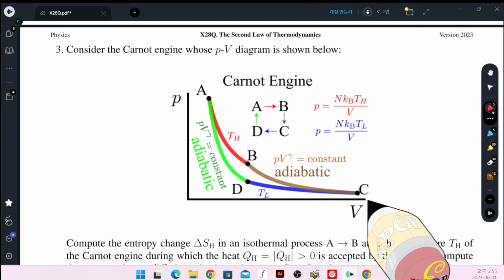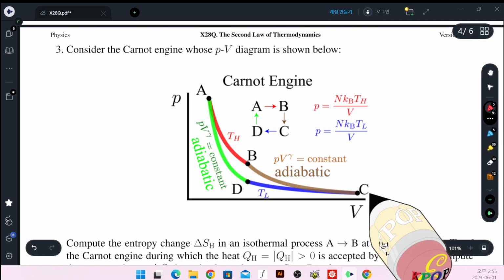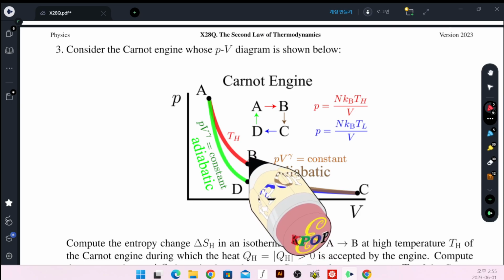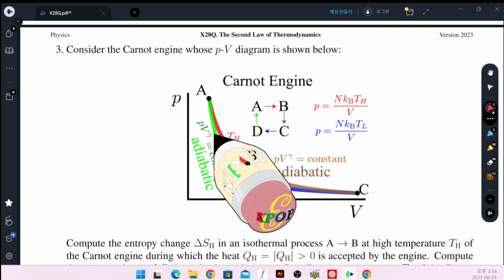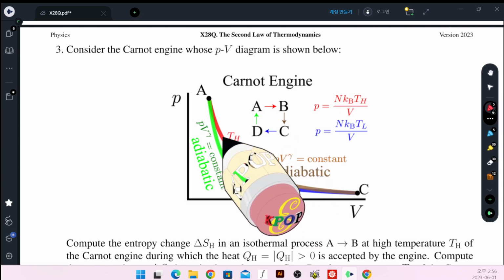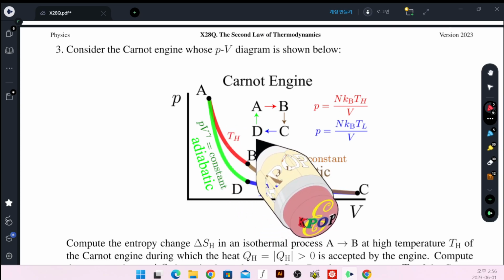Number 3: consider the Carnot engine whose PV diagram is shown below. This is a Carnot engine consisting of a constant temperature process at the hot region, in contact with the heat reservoir at high temperature.